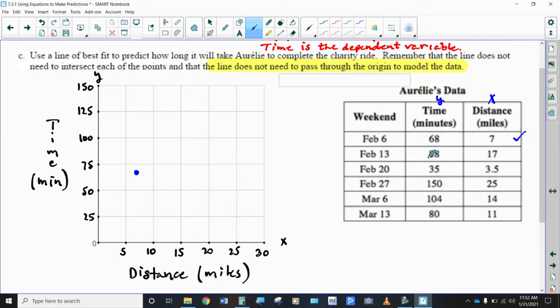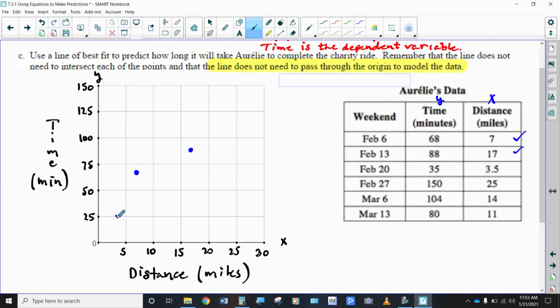Okay, so I've taken care of this one. Now let's do 17. So 17 is going to be around here. And then 88. What is 88? So this would be 75, 80, 85, 90. So 88 is going to be about the halfway point. So we'll plot that one there. And then 3.5, 2.5 is the halfway, so 3.5 is probably around there.